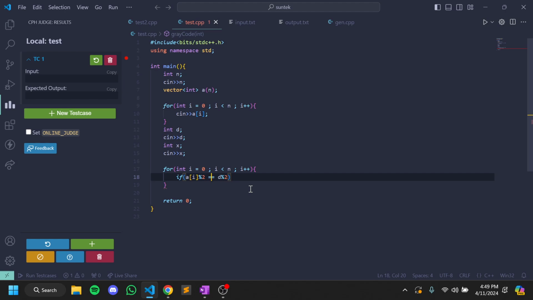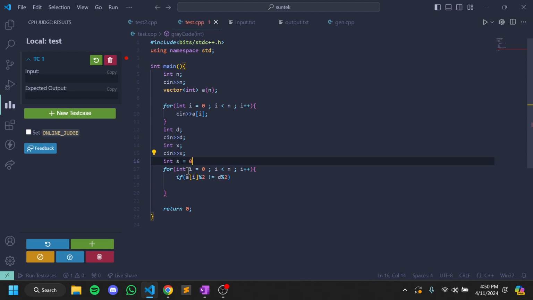Our task is to find if these two numbers have opposite parities, like one is odd and one is even. So we'll just put a not equal to here. It will simulate that the parities of a of i and d are different, because we want only those vehicles which have a different parity.